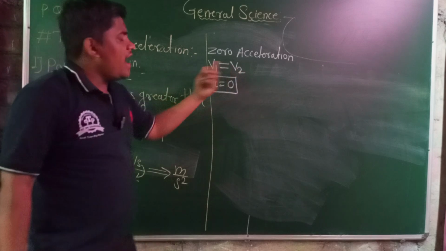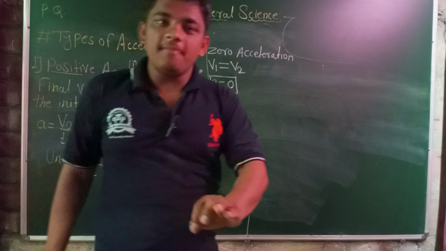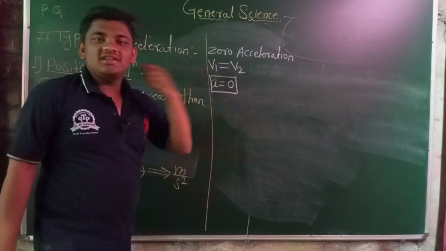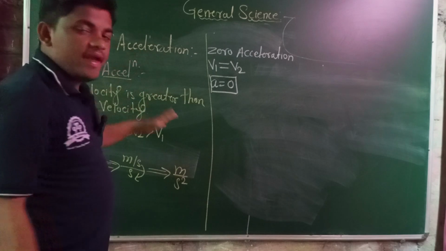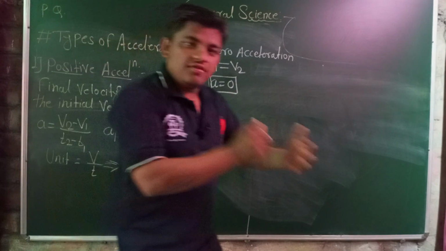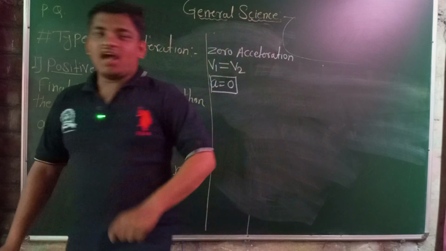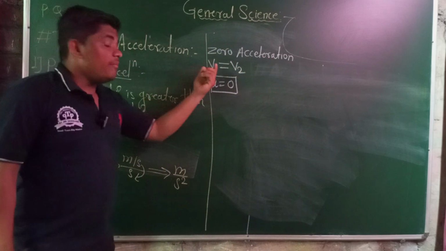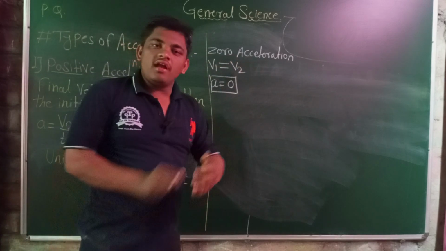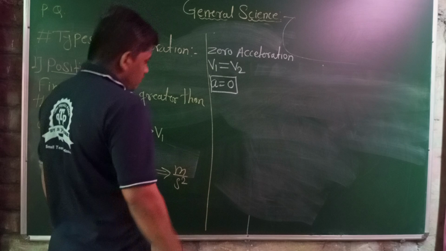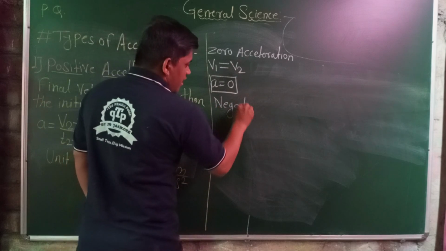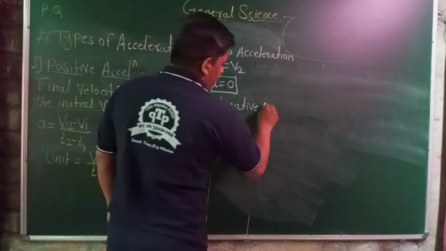If the initial and final velocity are the same, that is the condition when the vehicle is under uniform motion. At that time, the initial velocity and the final velocity of the vehicle are the same.